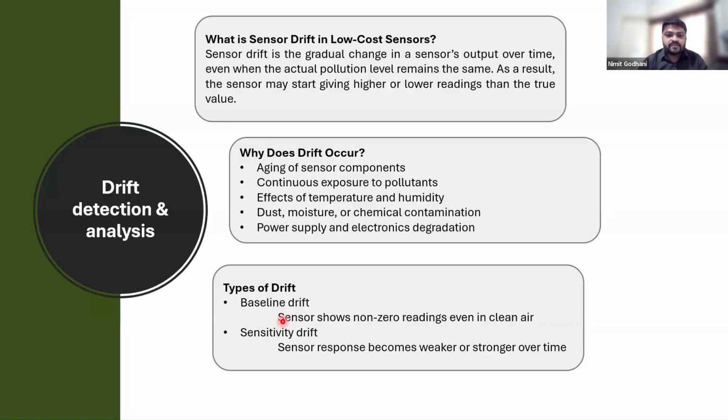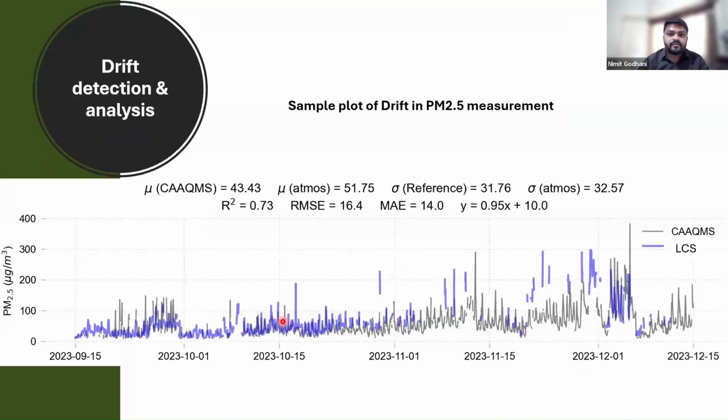The sensitivity drift is when the sensor response becomes weaker or stronger over time. Here you can see that for the earlier period, the PM concentration is matching for hourly data. But after some time there was a fall. Data was there, but in our screening and QAQC method it was removed.